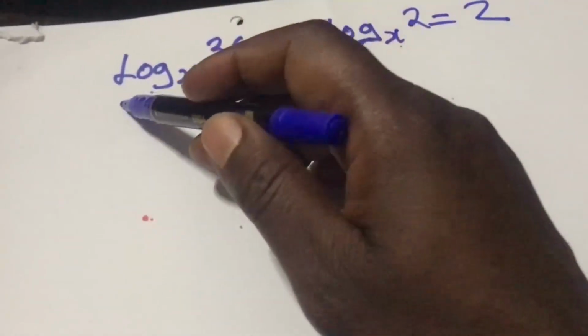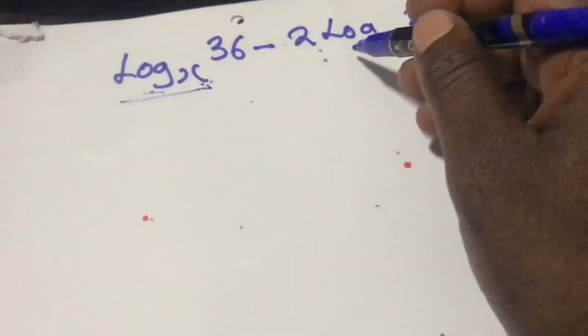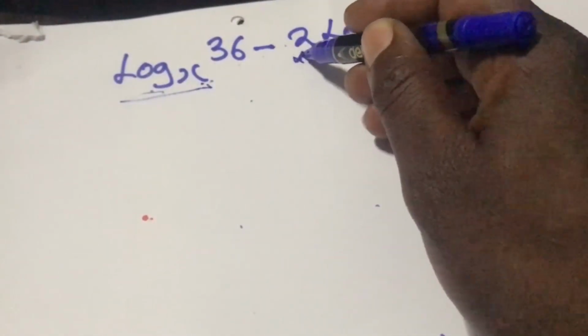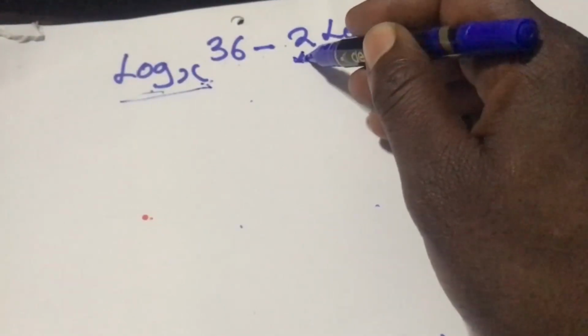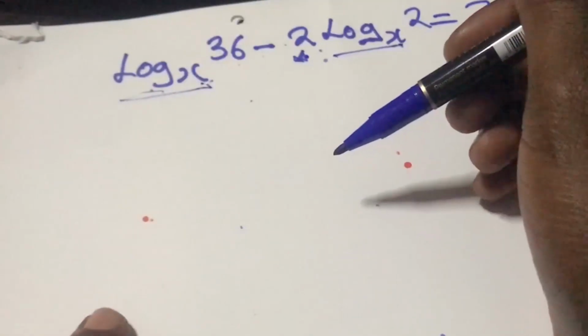So here you have log x and here you have log x, but you don't want to have a number in front of a log for you to use the logarithmic rules.